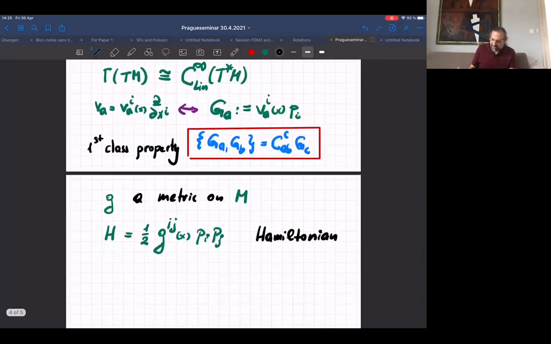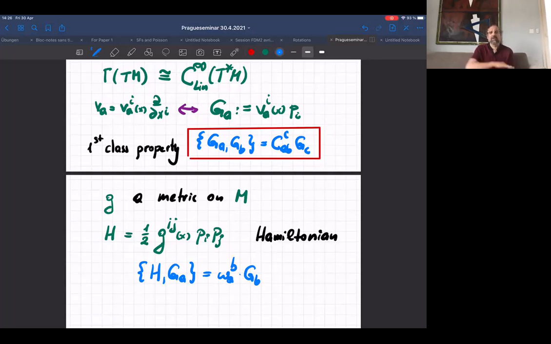And we need also compatibility of the Hamiltonian with the constraints, and the standard compatibility condition is that {H, G_A} is some function ω_A^B G_B, which in other words means that H is gauge invariant on this constraint surface, because the G_As, the Hamiltonian vector fields, generate the gauge transformations, and G_A equals 0 is the constraint surface. So that's the condition.